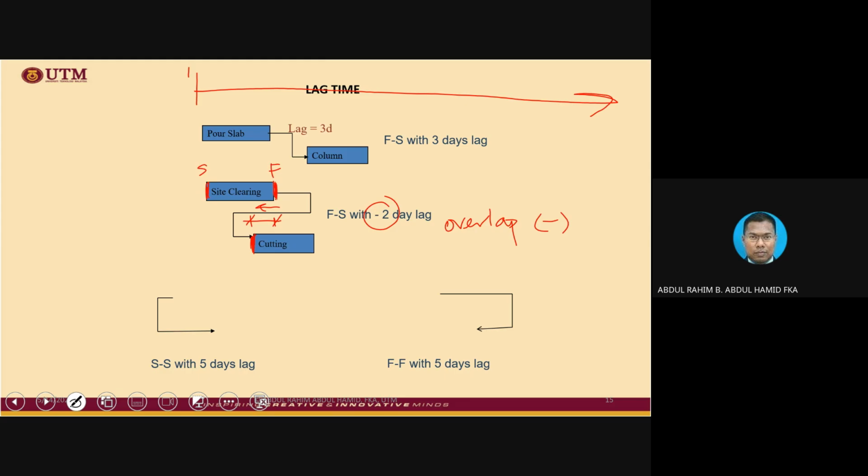Still remember, the first activity start and finish. So after site clearing basically finish, then the cutting will start, but not immediately. The cutting will start ahead of the finishing of the previous activity by 2 days. So this is what 2 days is all about. And we put it negative because it basically starts ahead of the finishing of the previous activity. That is what negative stands for.